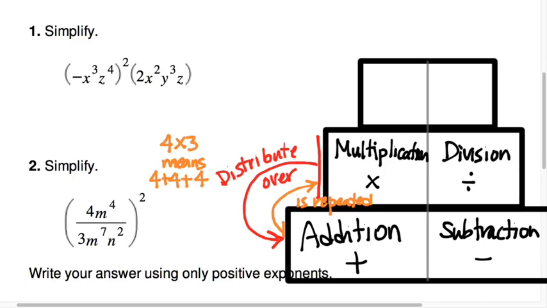So one way that we can think about what multiplication means, if one of the factors in that multiplication is a positive whole number, like 3, to multiply a number by 3 means to add that number to itself 3 times. Right? 4 plus 4 plus 4 is what 4 times 3 means. So that's where this relationship comes from, and it's also the reason that multiplication distributes over addition.